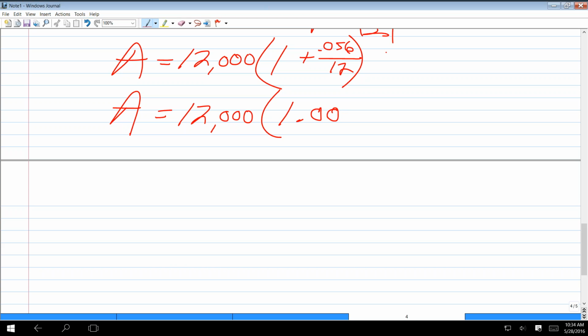So accuracy could be very important. What's the rest of the decimals?